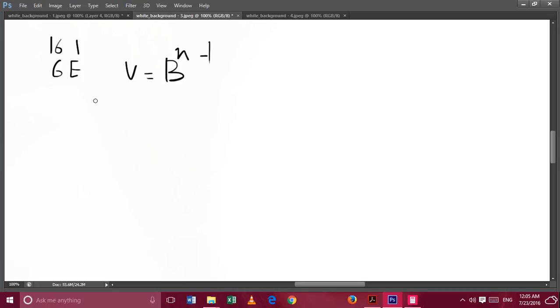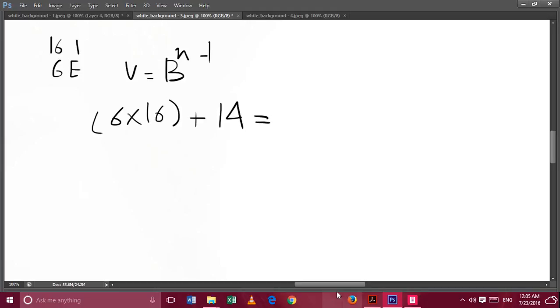So the way that we do this is that we multiply these numbers with their place value, and then we add up all the numbers. So doing this would be equivalent to 6 times 16, plus e, and e in hexadecimal is 14 in decimal, right?